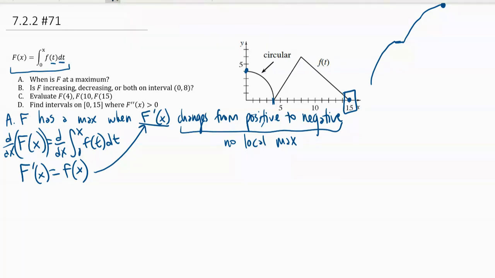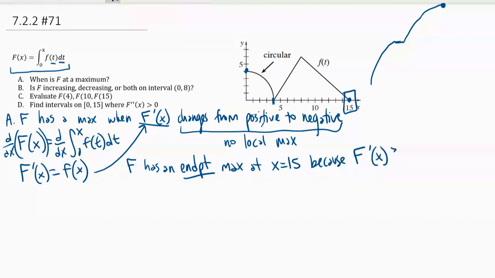So in this case, capital F has an endpoint max at x equals 15 because capital F prime of x is greater than or equal to 0 at all points on the closed interval.